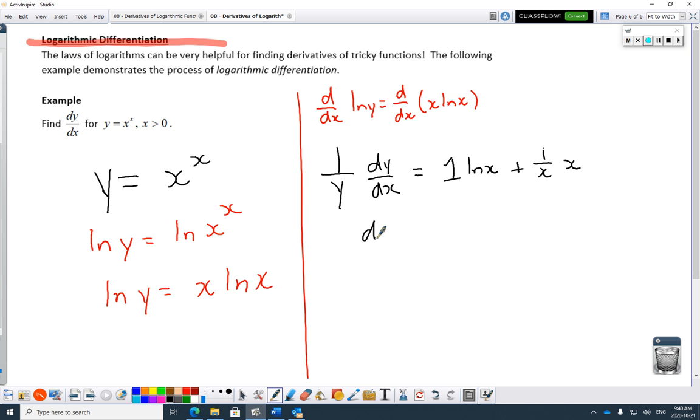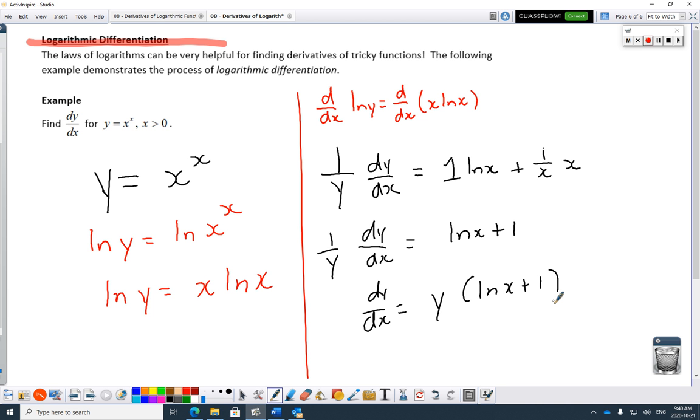dy dx. The 1 over y there is equal to, let me tidy this up, ln x plus 1. Two last steps, dy dx equals y times (ln x plus 1). This is a good answer, but I'm not going to put a check mark beside it because I don't want to call it good anymore.